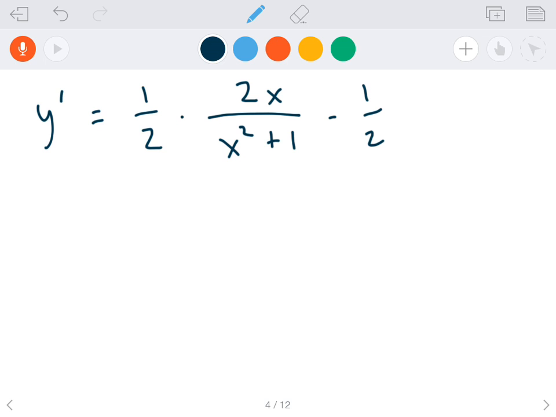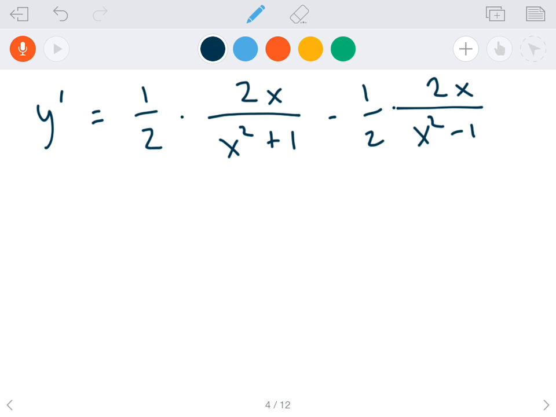So when I go to take the derivative, my 1/2 carries along, and then it's 1 over my function, so the first one was x squared plus 1, with the derivative on top, minus 1/2, and then the derivative of the natural log is 1 over the function multiplied by its derivative on top.